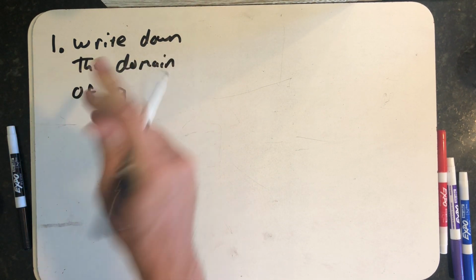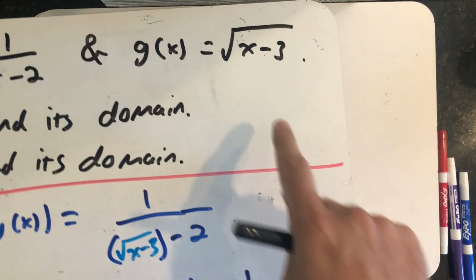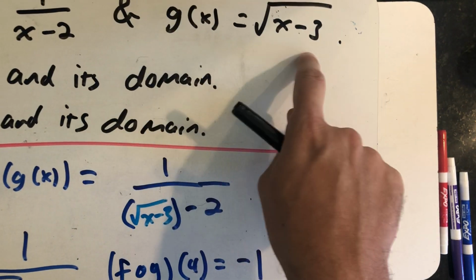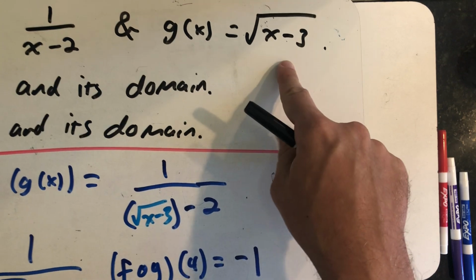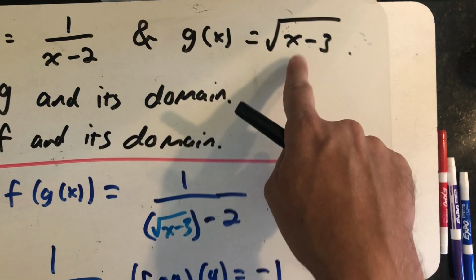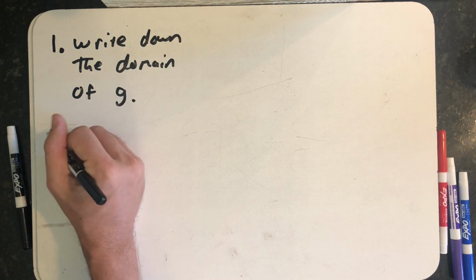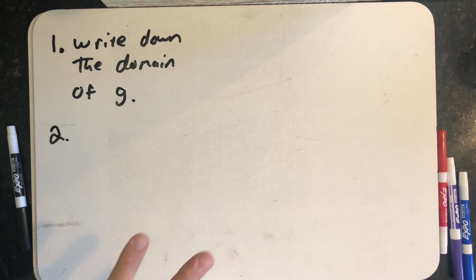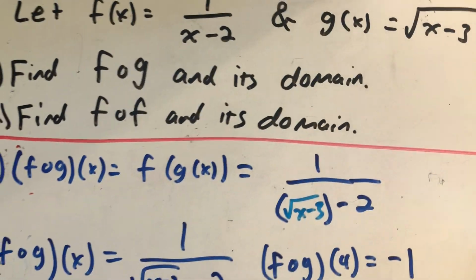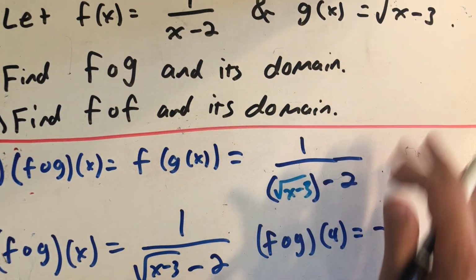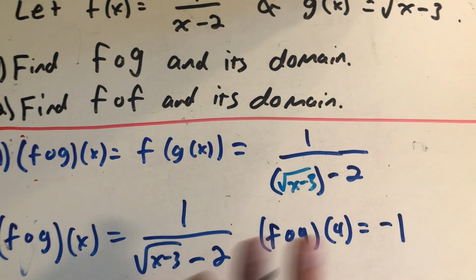Because whatever the domain of f composed with g is, it can't be any bigger than the domain of g of x. All the x values have to be able to be plugged into this function to get started. The next thing I'm going to do is remove any values from the domain of g that don't work in my new formula.